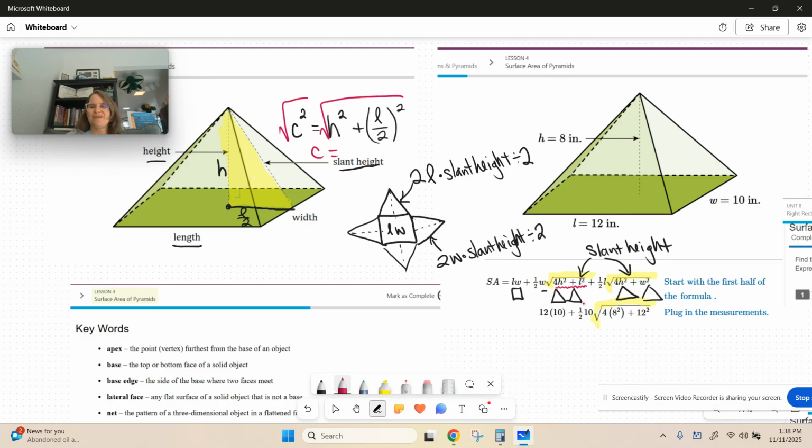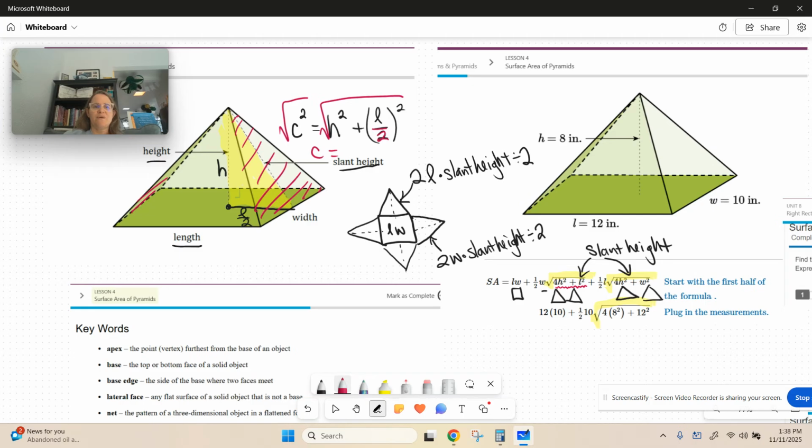The reason that they have the 4 in there is to make the expression a little less ugly and not have a fraction built in here. But it also has to do with the fact that there are 2 identical triangles here and here.